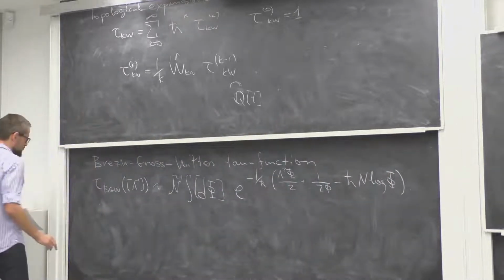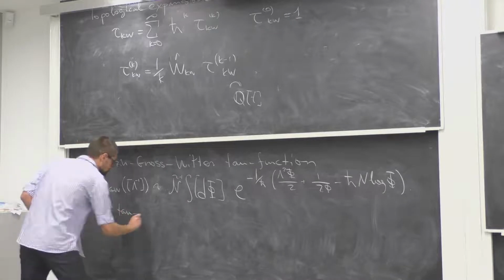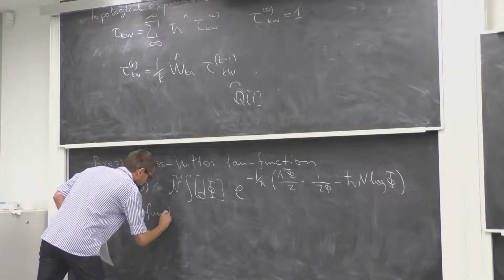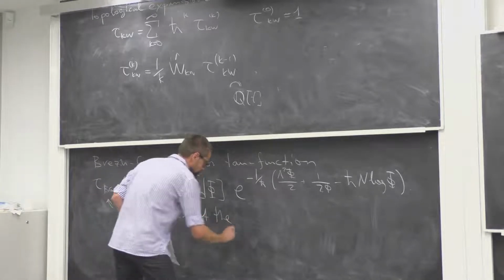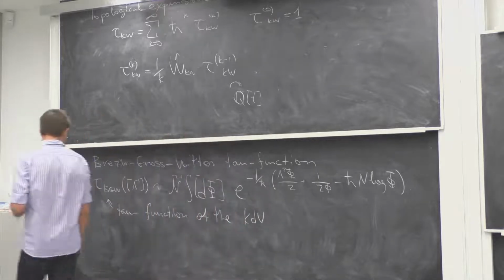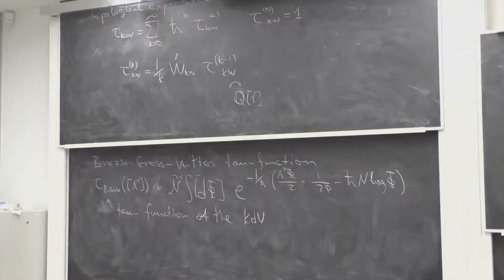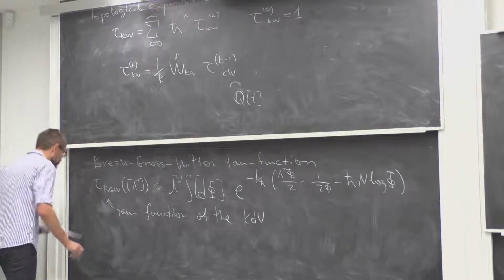Again, this is a tau function of the KdV hierarchy. And there is a nice enumerative geometry interpretation, namely the so-called Norbury classes.